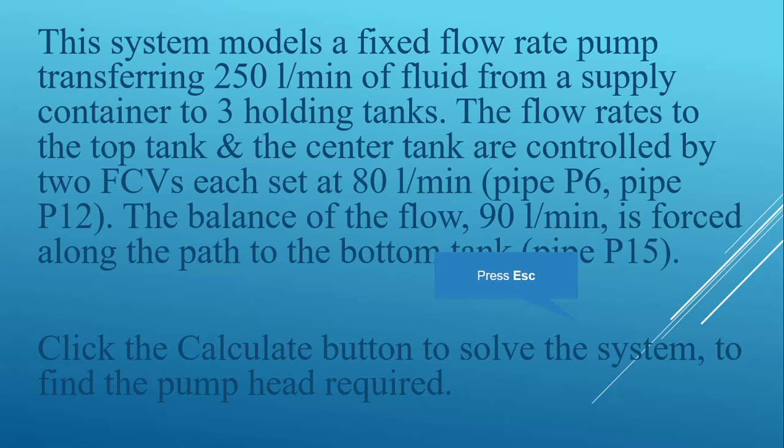Now, when you click the calculate button to solve the system, you find the pump head required. Once you find the pump head required for these activities to happen, you can select your pump by going to the manufacturer's pump performance curve. From there, you know the flow rate of the pump, which is 250.